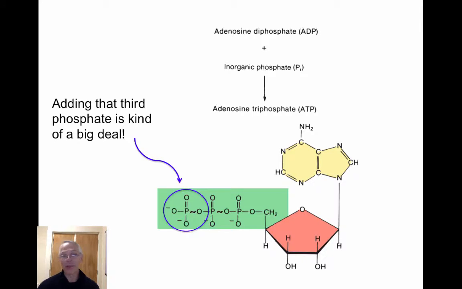We make ATP by connecting an adenosine diphosphate to a third phosphate group to create ATP. And ATP is made during the processes of cell respiration and during photosynthesis, and is used as really the fuel to drive a lot of the chemical reactions and chemical processes that take place in cells.